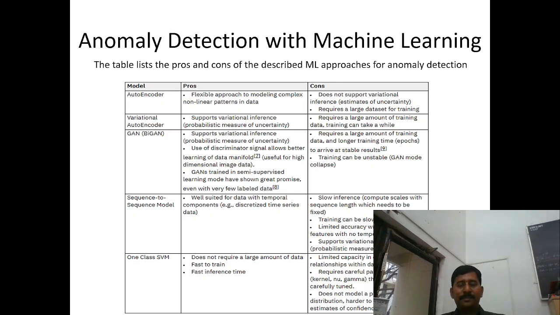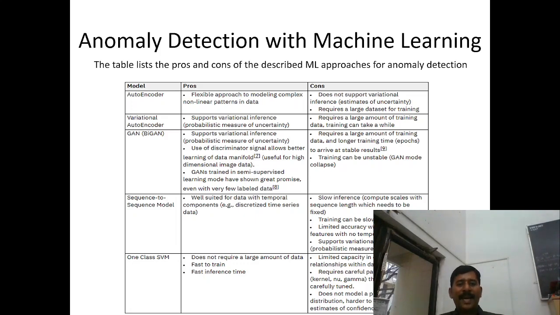The drawbacks are that it doesn't support variational inference and it requires a large data set for training. In the second model, variational autoencoders, the advantage is that it supports variational inference. The drawbacks: it requires a large amount of training data, and training can take a lot of time.